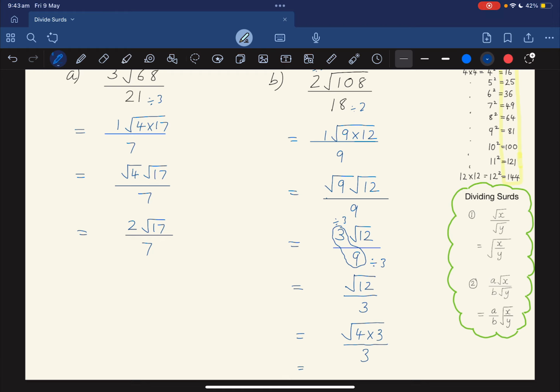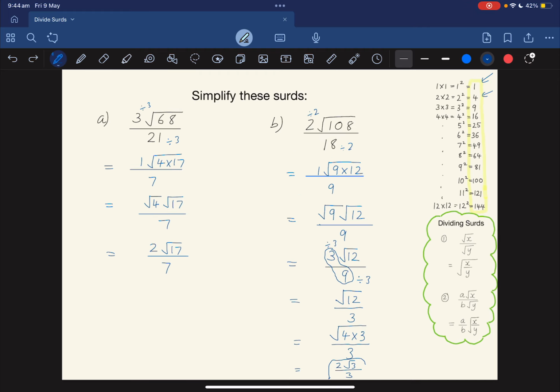Rather than separating out the square root signs, I'm going to write down straight away 2 times root 3 on the numerator on 3. That's our answer. So you're always looking to simplify fractions and simplify under the root, and simplify fractions.